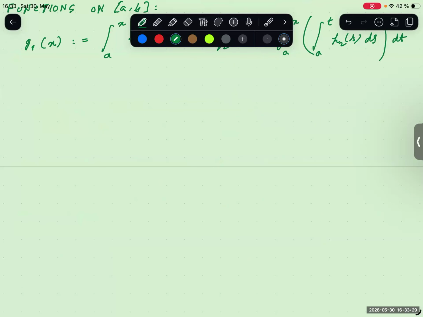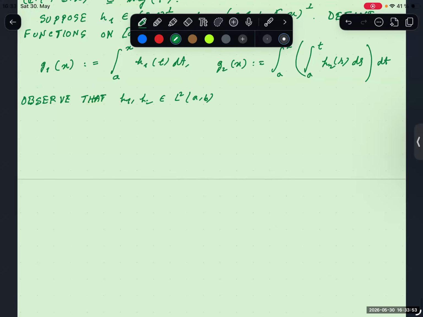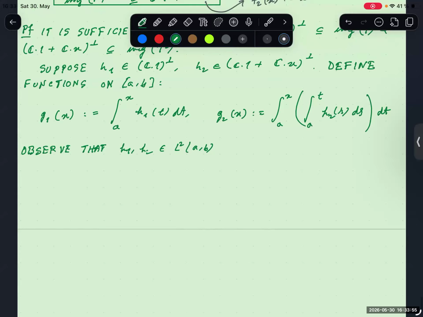Now observe that h1 and h2 are L2. Why they are L2 is fairly obvious, because since they are in this perpendicular, if you do square integration, this would be square integrable, right?